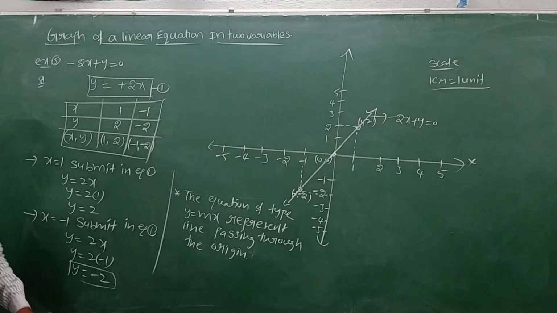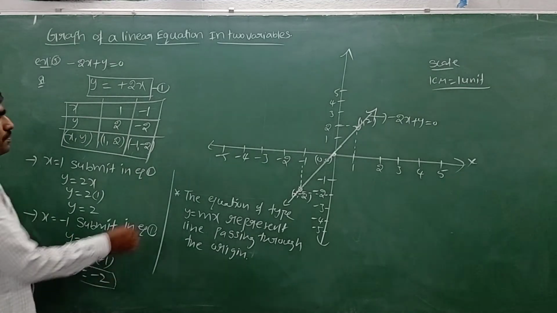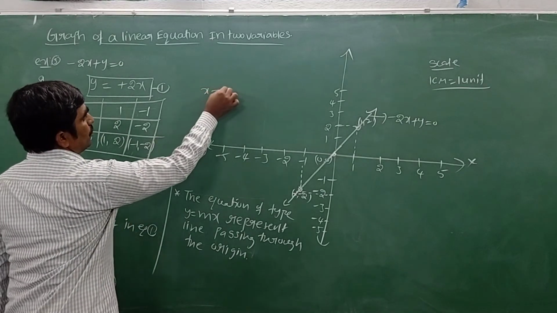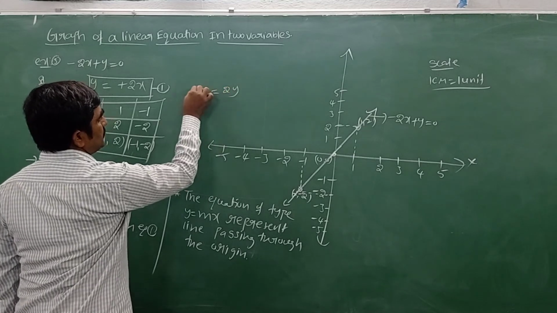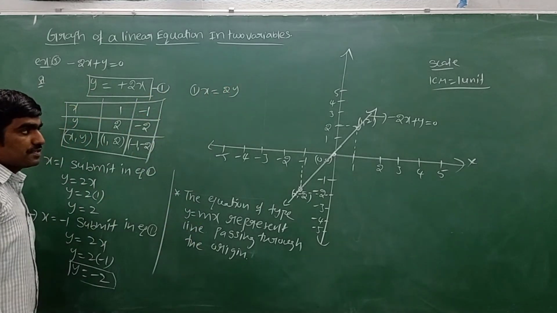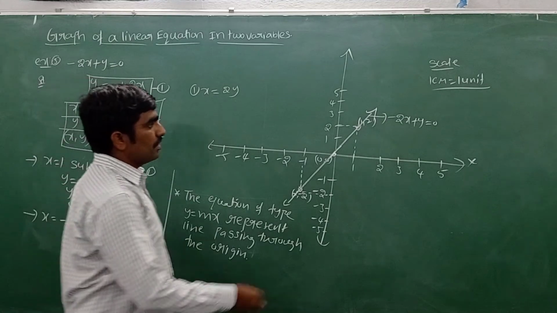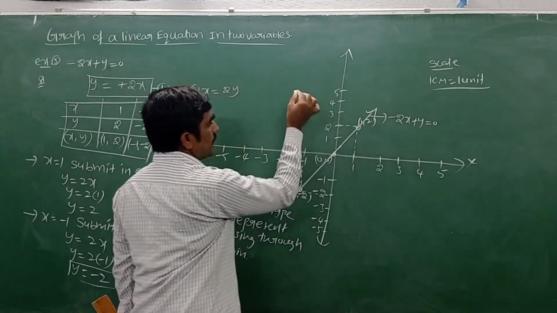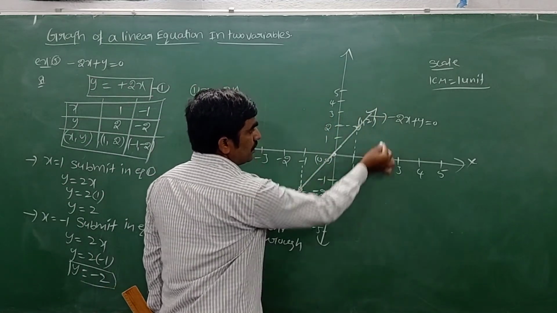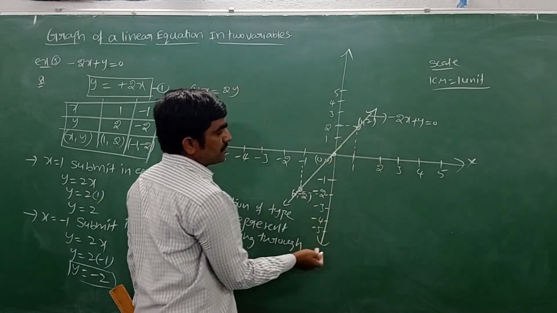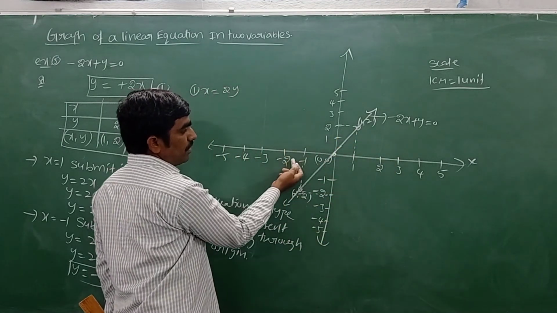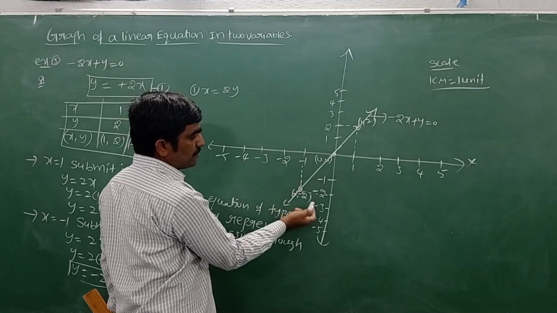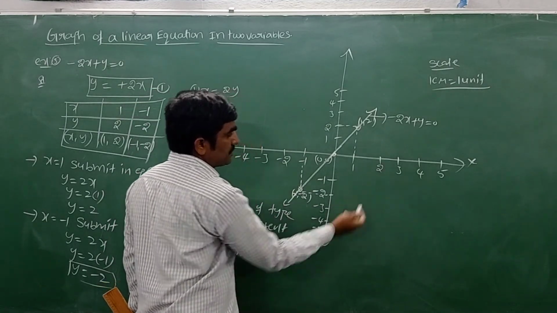Passing through the origin. Suppose I take x is equal to 2y. Now tell me, which quadrants is it passing through? Generally we know the first, second, third and fourth quadrants. In the first quadrant both are plus plus, second quadrant minus plus, third minus minus, fourth plus minus.